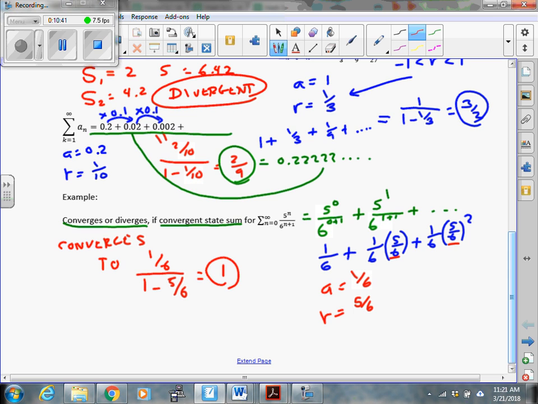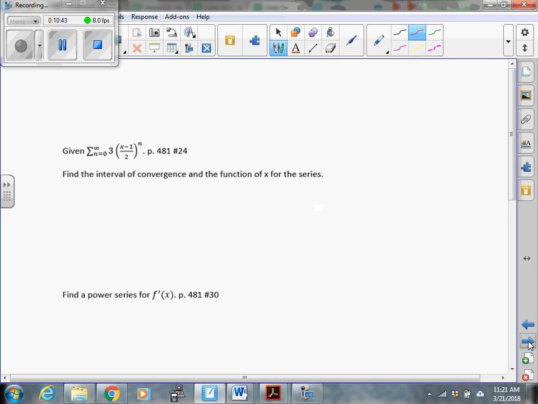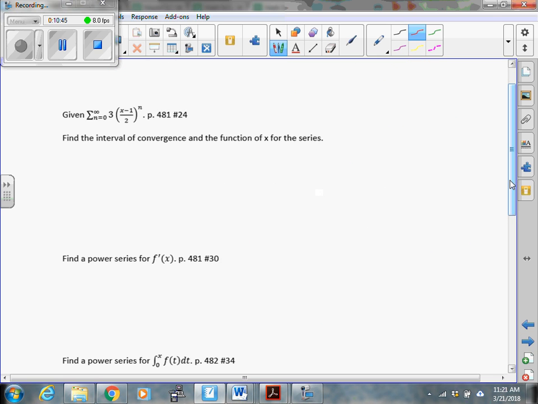All right, moving on. A couple more examples here. Notice that this time, again, I have a summation. Notice this time that it's variable. It has an x in it. That means we can make it whatever we want to.